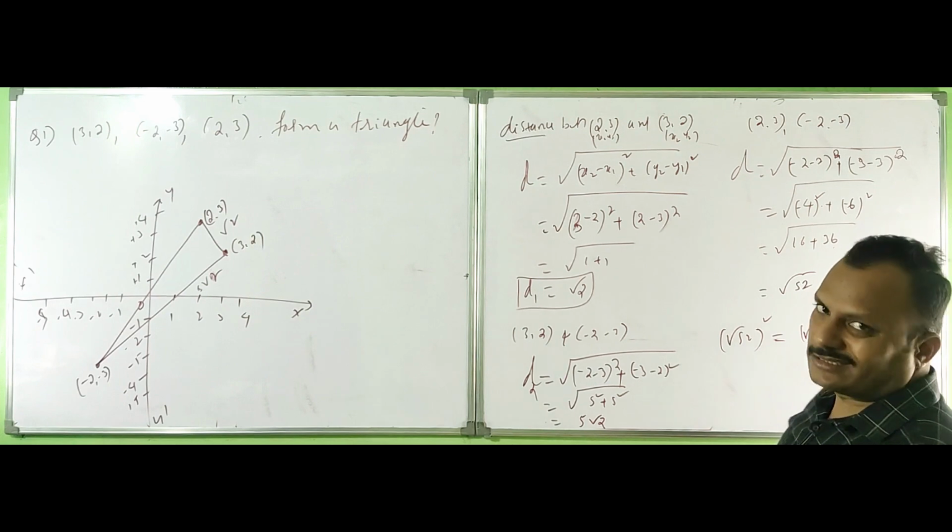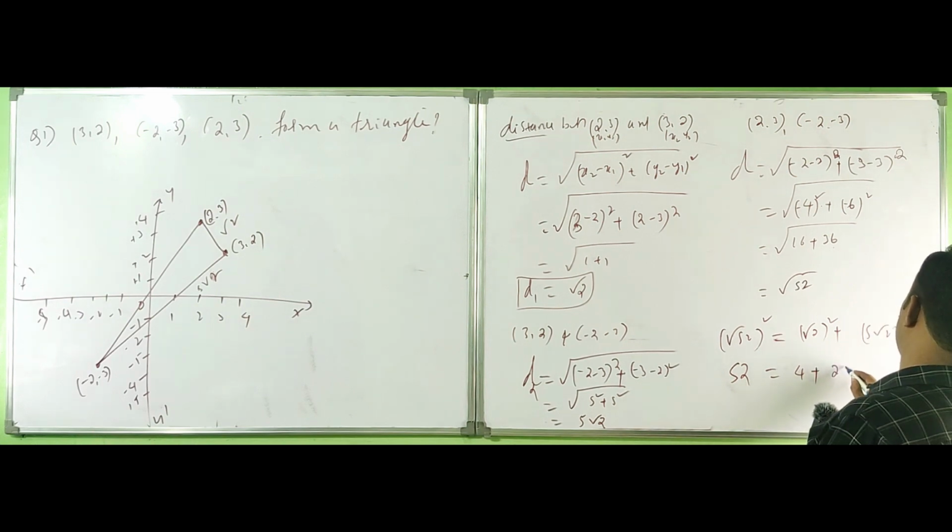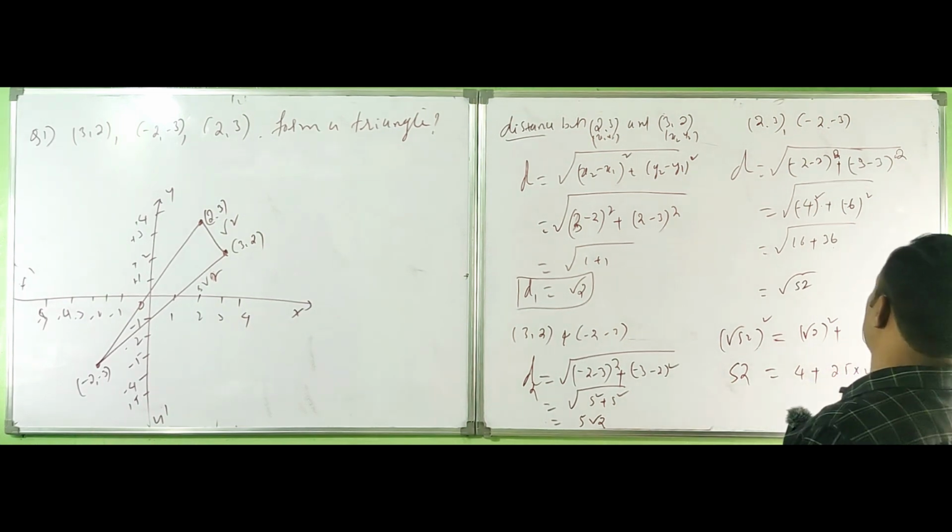Using the Pythagoras theorem, let's check randomly, because they asked the type of triangle. This is equal to 4 plus 25 into 2.